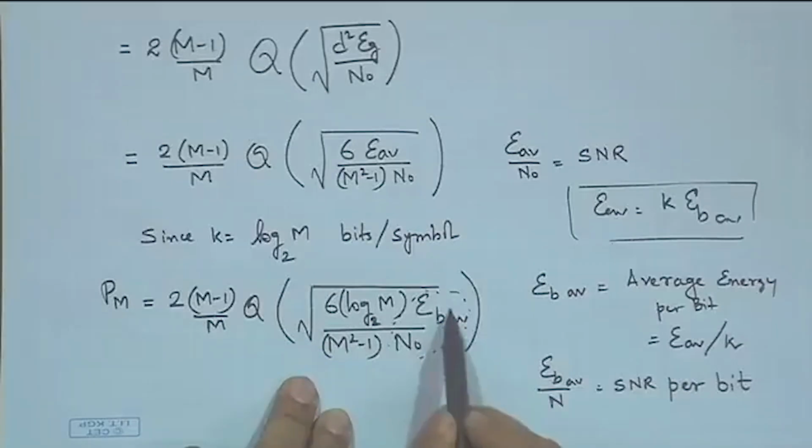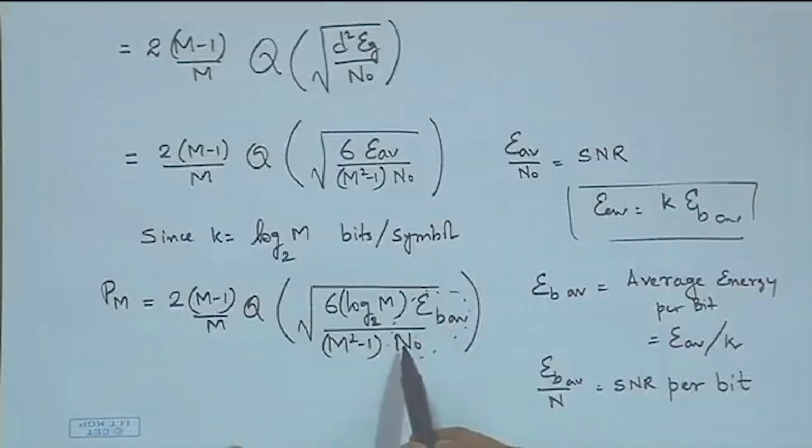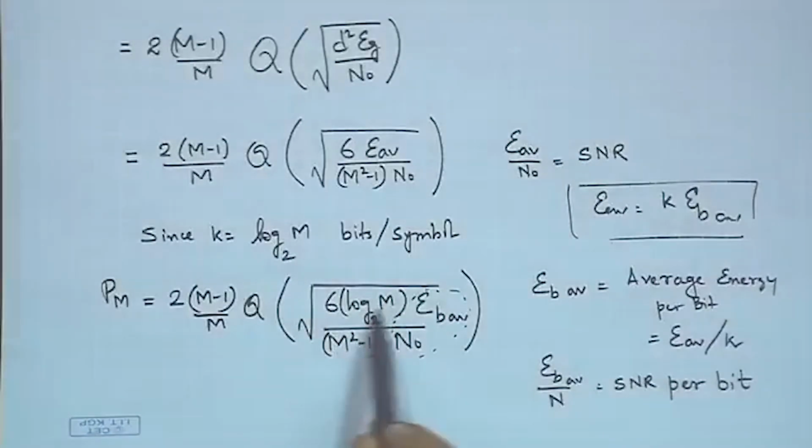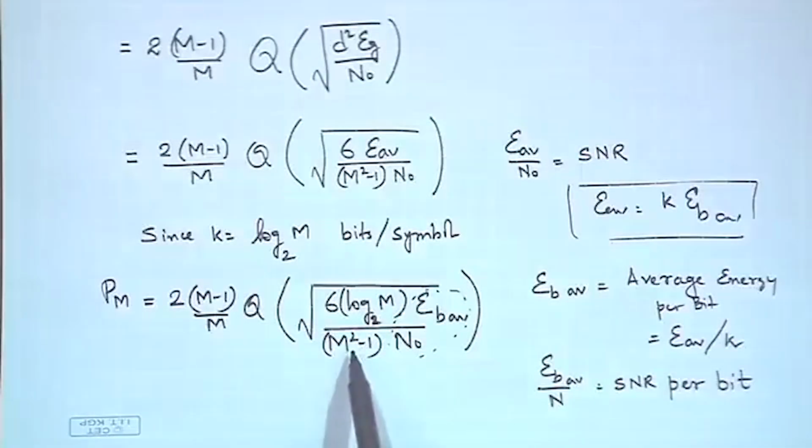Inside the Q function you have Eb by N naught, because in digital communications we are interested in average SNR per bit, or average energy per bit, because the basic unit of communication is the bit. So, we want to compute how much energy or SNR per bit is used in order to actually communicate. And there again you have some further multiplicative factor, k log M base 2, and in the denominator there is some more factor.